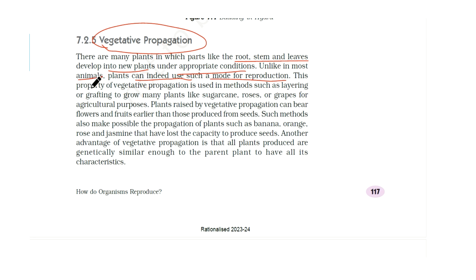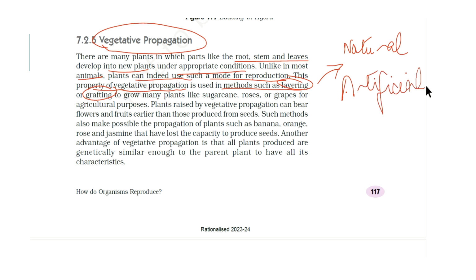This property of vegetative propagation is used in methods such as layering and grafting to grow many plants like sugarcane, roses, and grapes for agricultural purposes. These two are artificial methods of vegetative propagation that we will learn today. So there are two methods: natural methods of vegetative propagation and artificial methods of vegetative propagation.